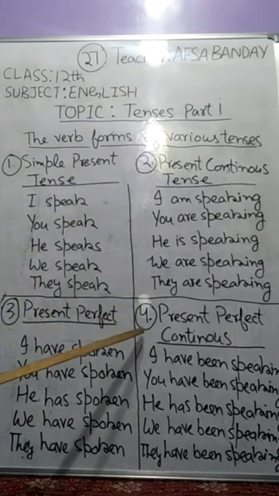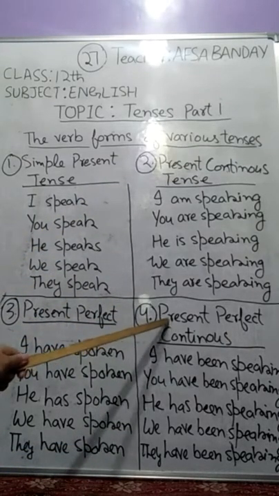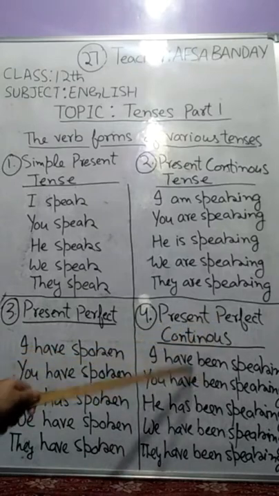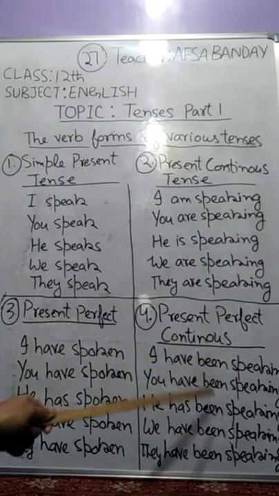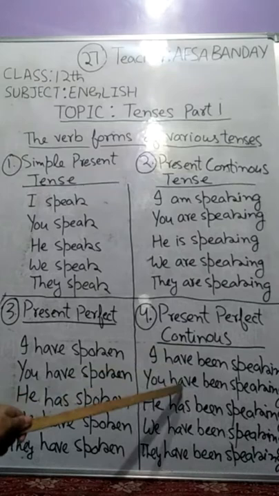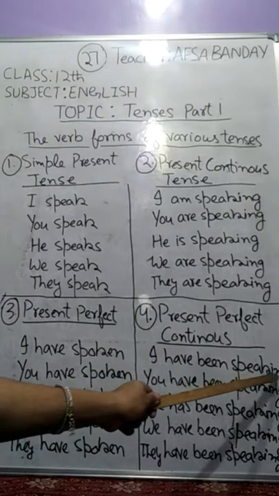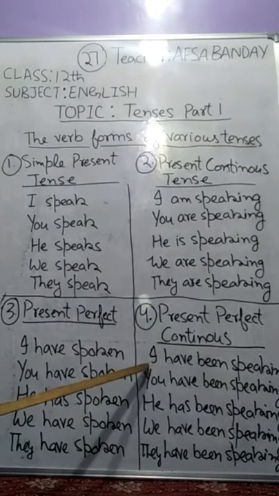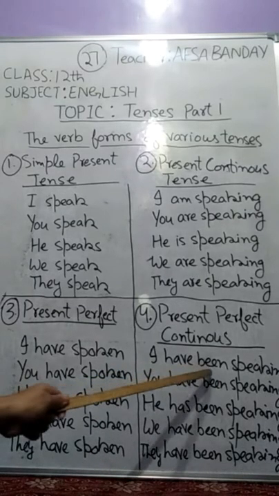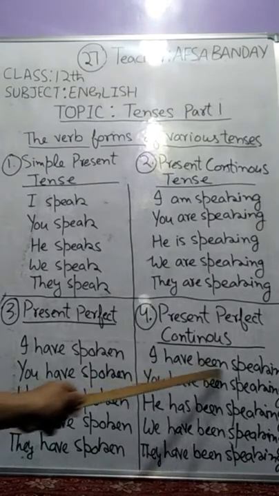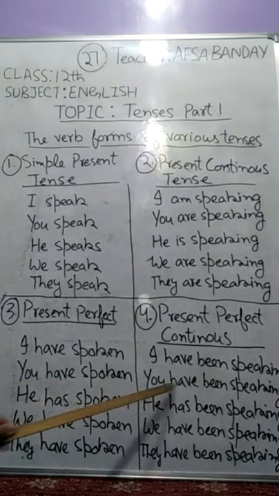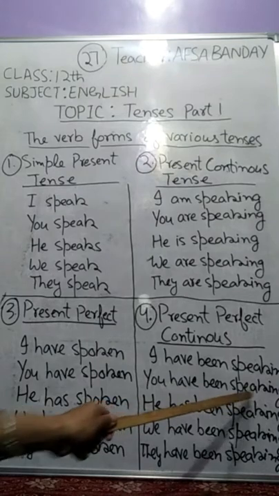Then coming to the next type of present tense, the present perfect continuous. It's perfect as well as continuous, so we use either have or has plus the verb in its ing form. With I we use have, and also been as a helping verb. We say I have been speaking. You have been speaking.